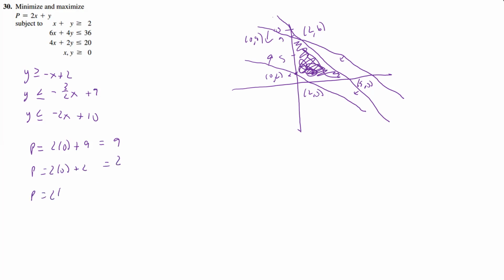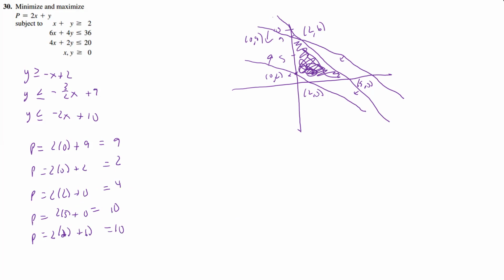Then go to the right. P equals 2 times 2 plus 0. Well, that's going to be 4. And then we have P equals 2 times 5 plus 0, and that's going to equal 10. And then going up, that's 2, 6. So that's equal to 2 times 2 plus 6, and that's 4 plus 6, it's going to be 10 again. Okay?